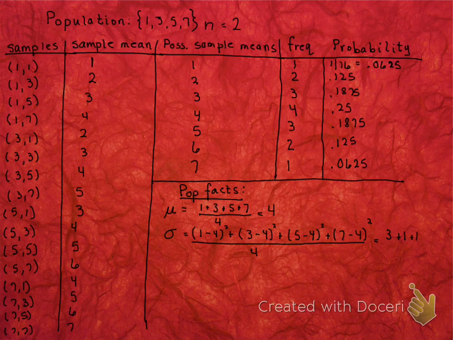Sorry, hold on, guys. 1 minus 4 is negative 3 squared is 9, not 3. Okay, and then 7 minus 4 is 3 squared, which is also 9, not 3. Okay, over 4. So you have 10 and 10, 20 divided by 4.